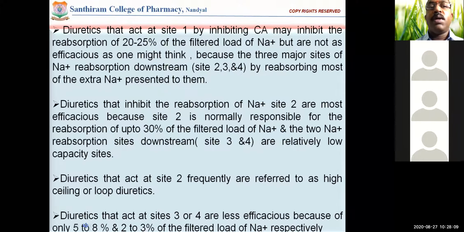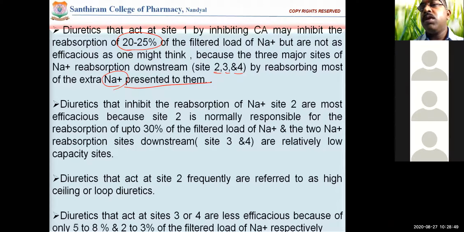Then coming to the next part, this is just the summary of what we have discussed. Diuretics that act at site 1 by inhibiting carbonic anhydrase enzyme may inhibit the reabsorption of the filtered load of sodium by up to 20 to 25%, but are not as efficacious as one might think, because the three major sites of Na plus reabsorption downstream, that is site 2, site 3, and site 4, reabsorb most of the extra Na plus presented to them.